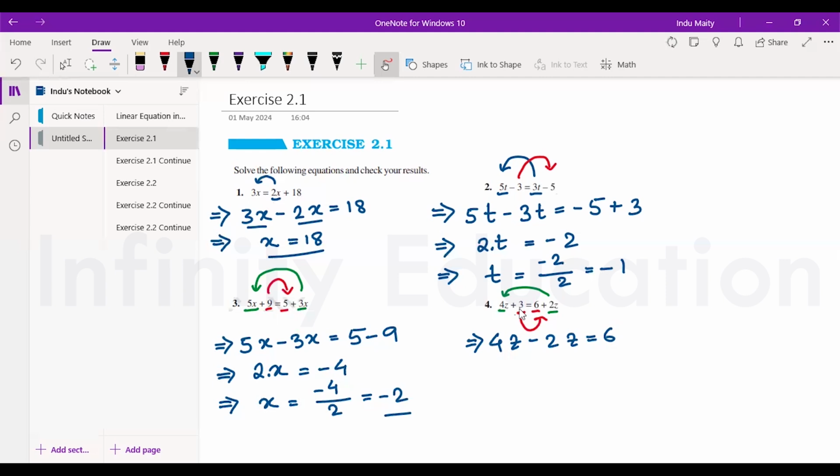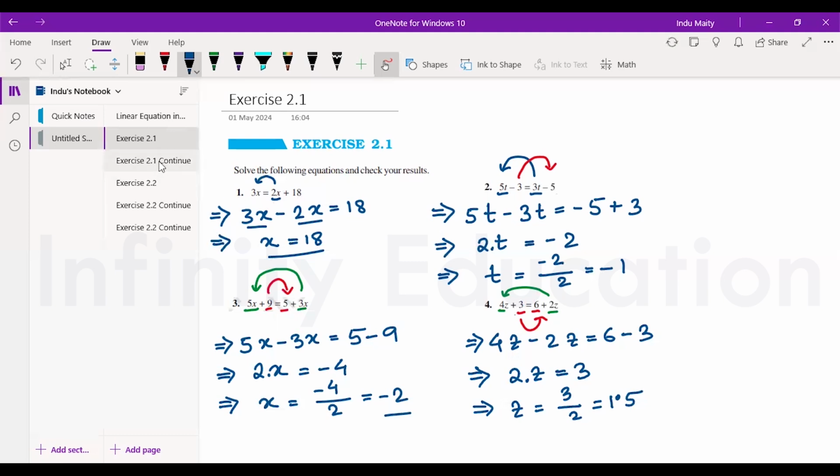And this positive 3 from the left side, if we take it to the right side, will be negative 3. So 4z minus 2z is 2z is equal to 3. So again, we have to divide by 2, because 2 is on the left side multiplied with the variable. So z will be 3 by 2. We can keep it as 3 by 2, but we can also convert the fraction to a decimal, which is 1.5. I hope it is clear.